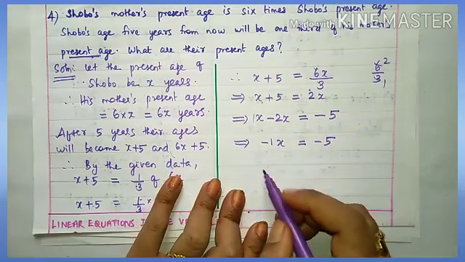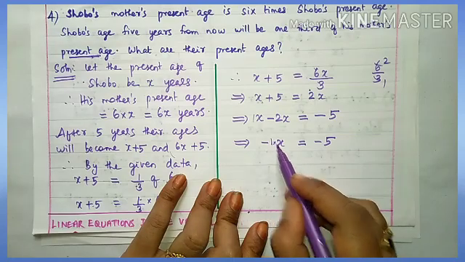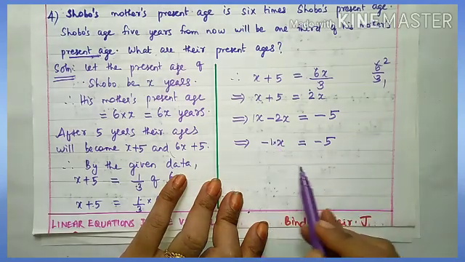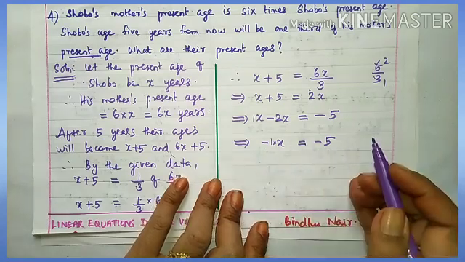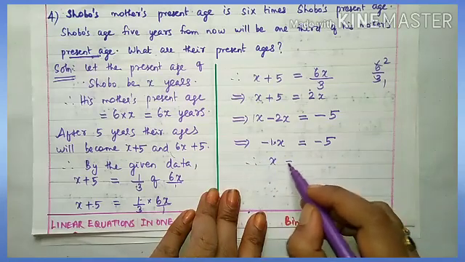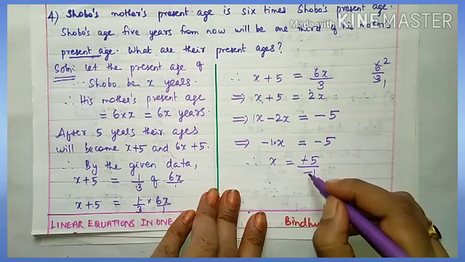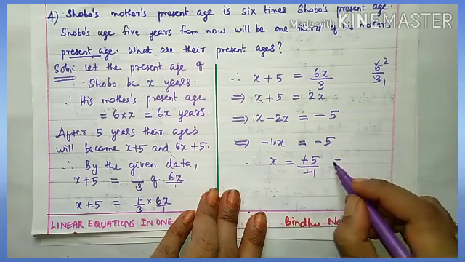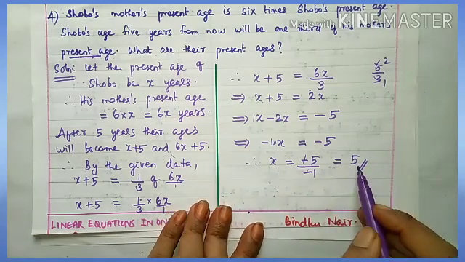Otherwise, what I told you in the previous problem, minus 1x means minus 1 into x, so we can transpose this and it becomes division. Okay, if you are comfortable with either step, you can apply that. I am writing x is equal to minus 5 divided by minus 1. Minus and minus becomes positive. 5 by 1 is 5. So x equals 5.